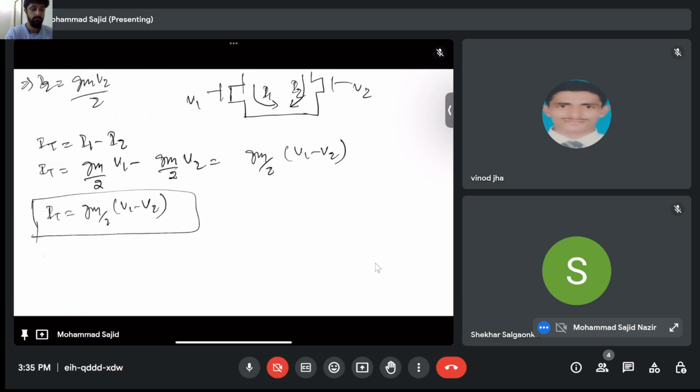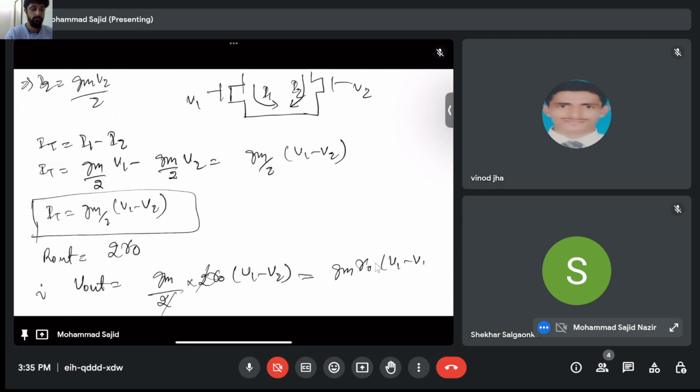for the circuit, and your R out is 2R0. So therefore your output voltage will be simply equivalent to Gm by 2 times 2R0 times (V1 minus V2). 2 and 2 will go. This is Gm R0 (V1 minus V2). Right? So this is what you get from this circuit.